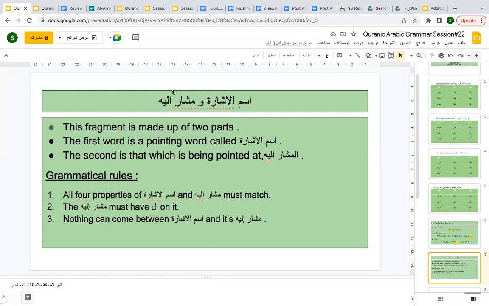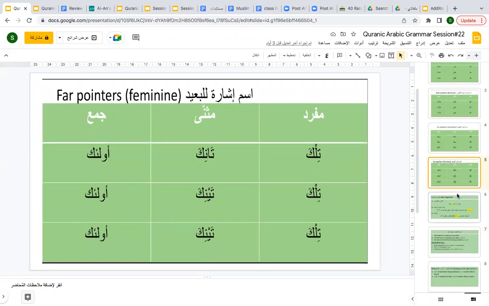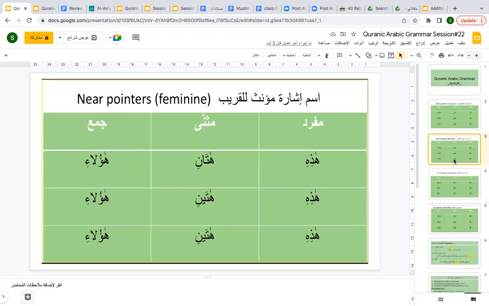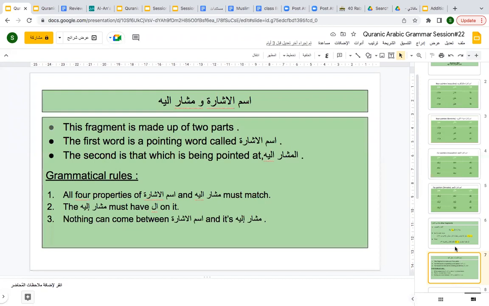This fragment is called ismul ishara wa mushar ilayhi. Your ismul ishara are these guys here that we just reviewed. Everyone understood this? Your haza, hazehi, these are your asmaul ishara. That's all. Always remember that.